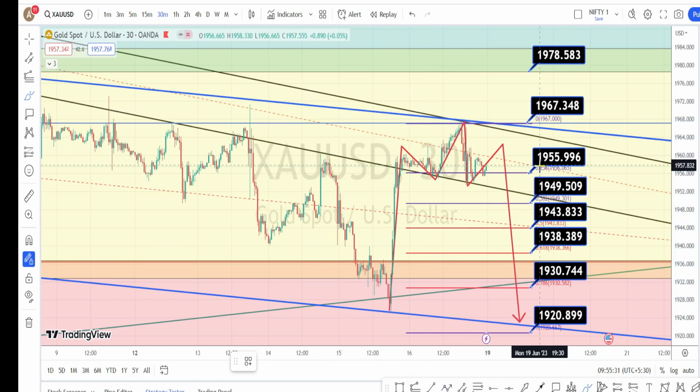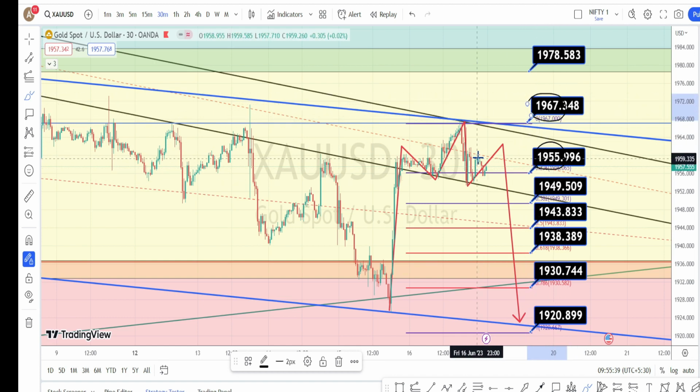And for now the price action is trading between the support level of 1955 and resistance level of 1967. If the price action breaks the current support level of 1955, next level of support is going to be around 1949, 1943, 1938, 1930 and 1920 on the bearish side.